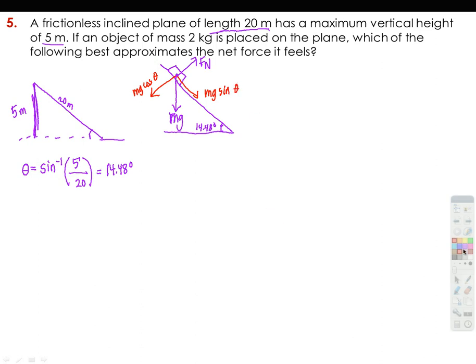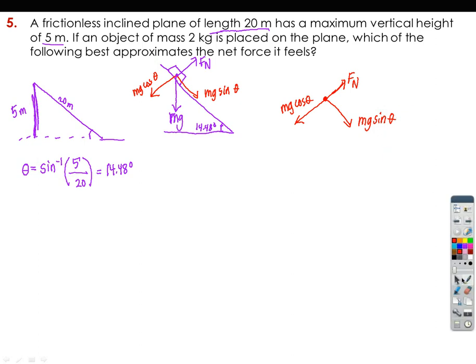And then if I'm going to redraw my pseudo-free body diagram, this is Fn, this is mg cosine of theta, this is mg sine of theta.